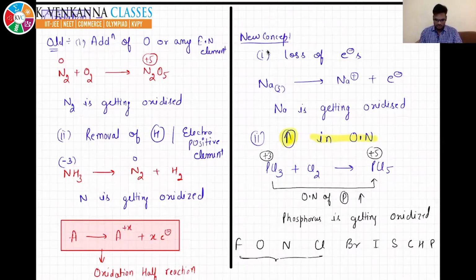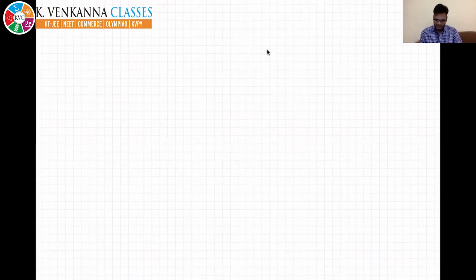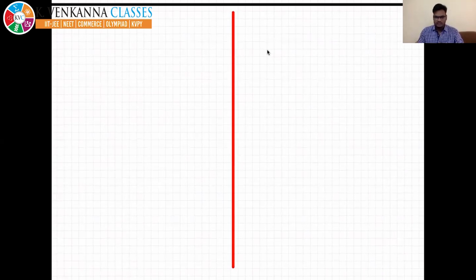Let me also explain what is reduction. It is just the opposite. If you have understood oxidation, then reduction is very easy. The old concept is nothing but removal of oxygen or any electronegative element.